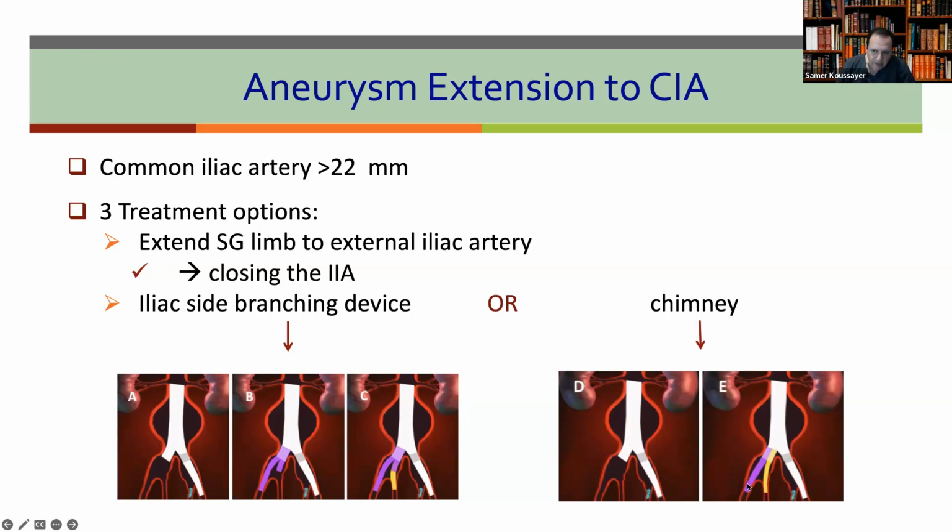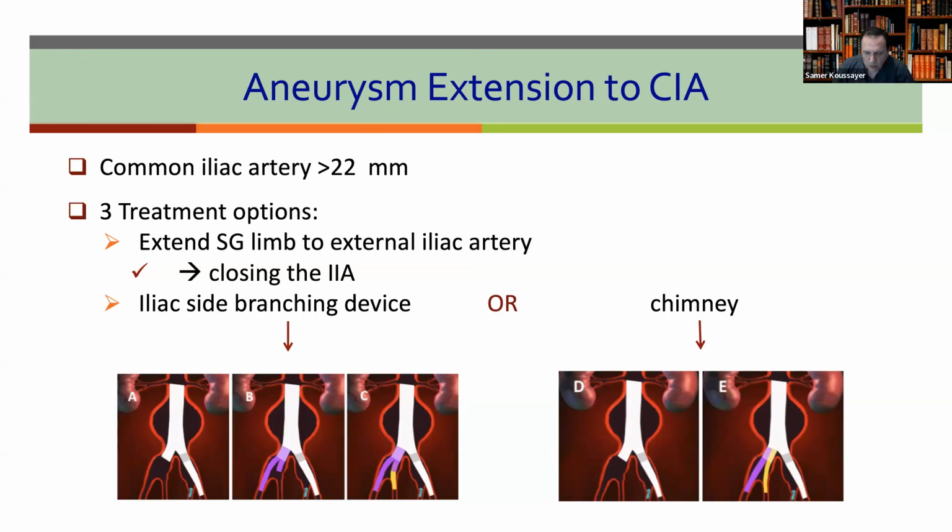The difference between the iliac and the aorta is that the aorta has lumbars. When you have a type 1 endoleak, the blood goes in and goes out. If the blood only goes in, it will thrombose and you will not get an endoleak. That is why when you see a type 2 endoleak, you are going to see 2 lumbars. If you just see 1 lumbar, it doesn't make sense, because if the blood goes in and has no place to go out, it's going to thrombose. If you see a continuous type 2 endoleak, you have 2 options.